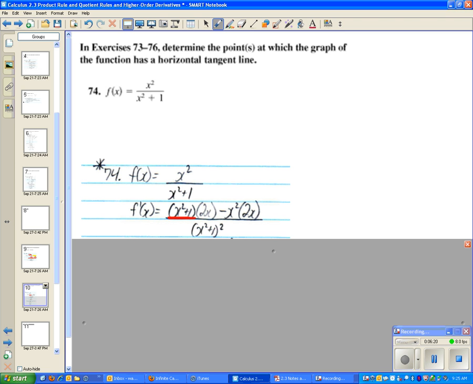The derivative of x squared is 2x, minus the top, x squared, times the derivative of the bottom. The derivative of x squared is 2x. The derivative of 1 is 0. Over the bottom squared. So x squared plus 1, quantity squared.